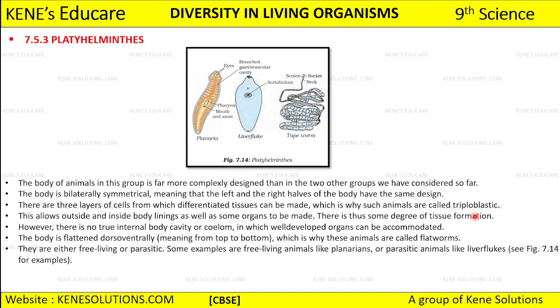So there is some degree of tissue formation. Because there are some outer and inner linings which can be seen, and that is making the organs, you will see that tissue formation takes place, because from tissue only we get the organ, right? A group of cells forms the tissue, a group of tissues forms the organ. So if there is tissue formation, only then can the organs be made, right? However, you will see that there is no true internal lining.